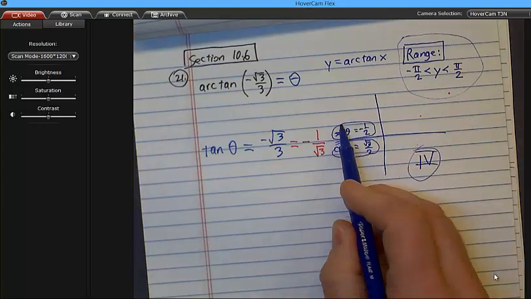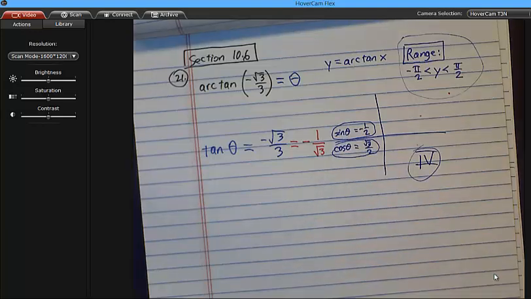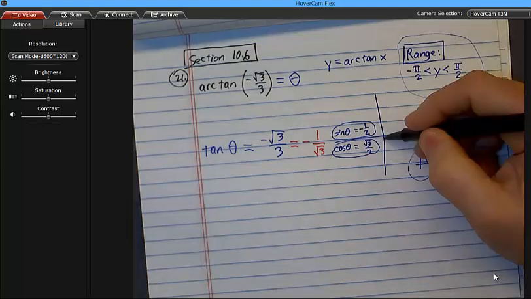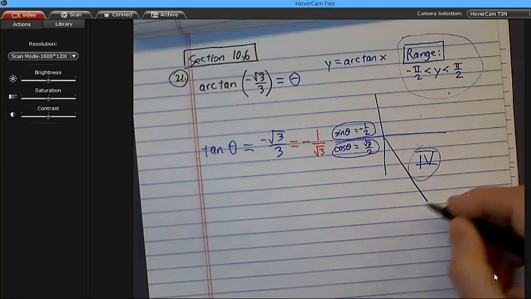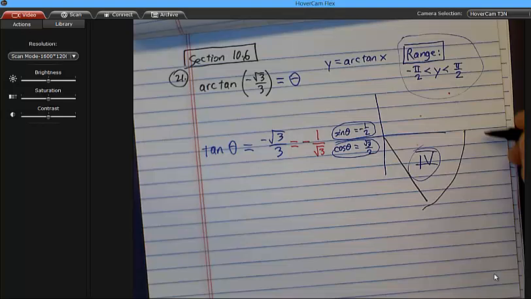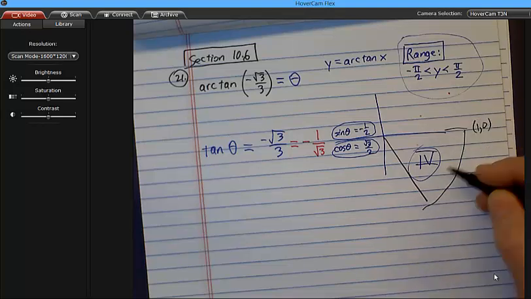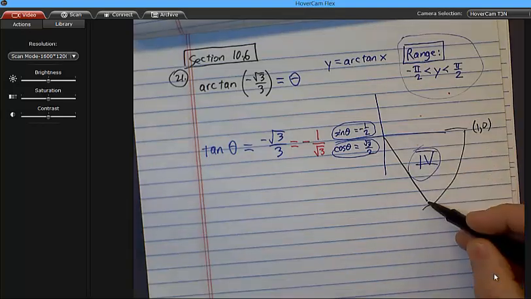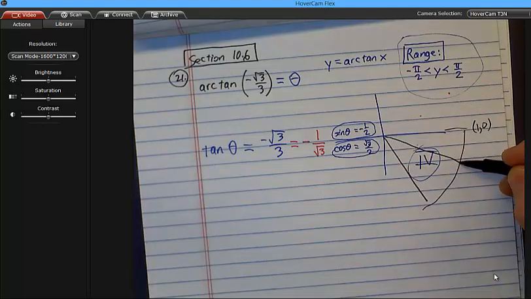And do we have an angle that has that as the sine and that as the cosine in the unit circle? Well, yeah, because remember, the cosine is the x-coordinate. So if this is the unit circle, 1, 0, we have to go down here. This is the one I need.